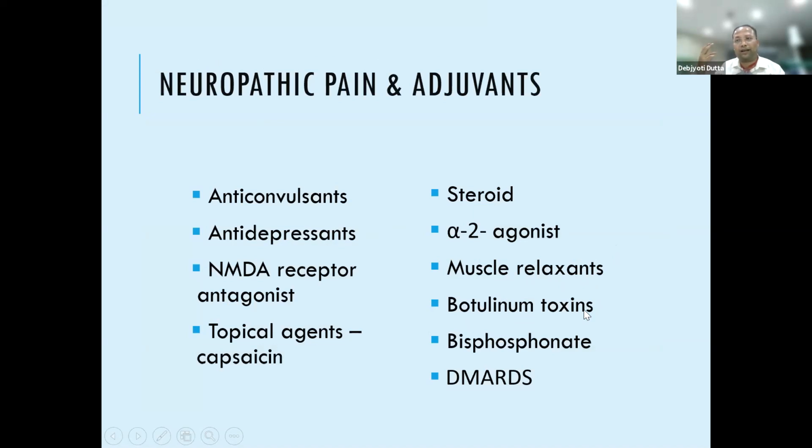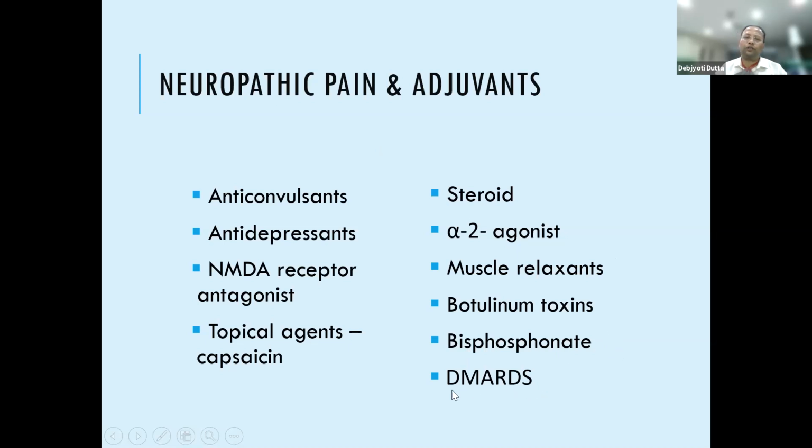Because for migraine, when we consider that pericranial muscles are the cause of headache, botulinum toxins are used for migraine. Muscle relaxation, sometimes a patient will come with acute muscle spasm, even acute back spasm, neck spasm. In those cases, these are adjuvant drugs we use in pain practice.